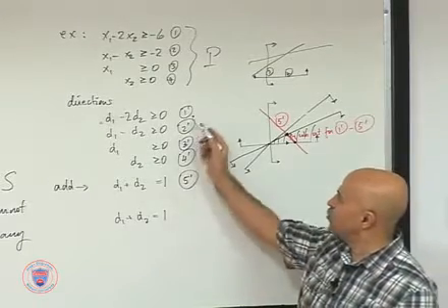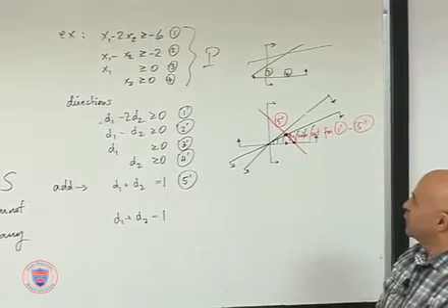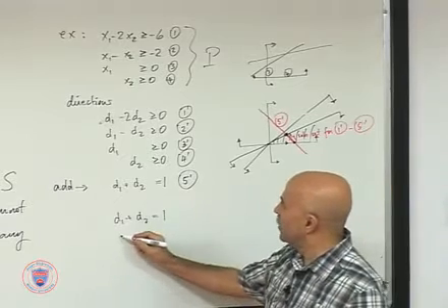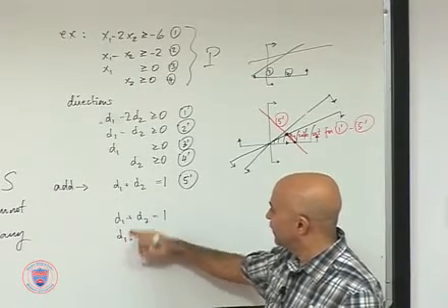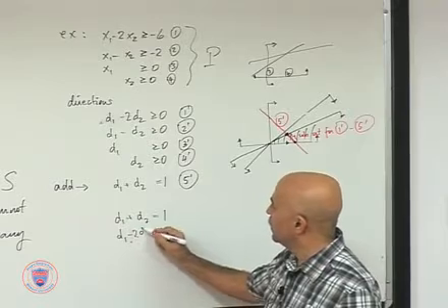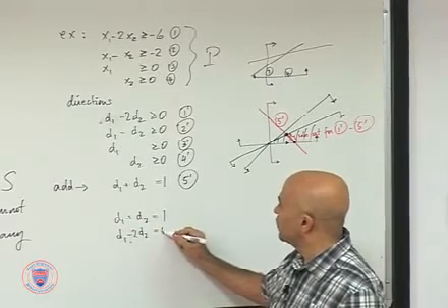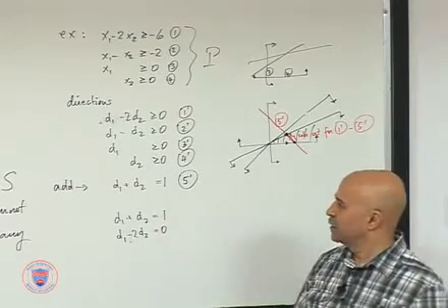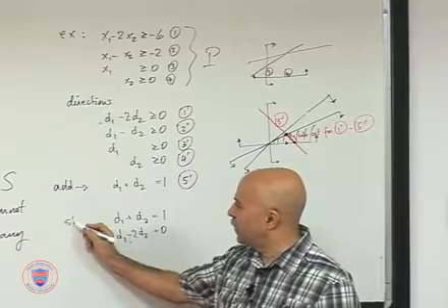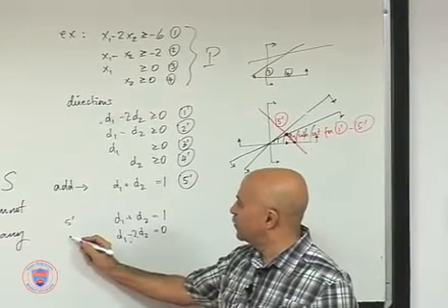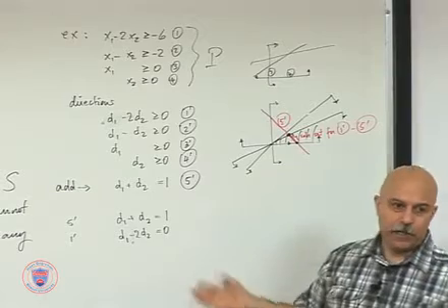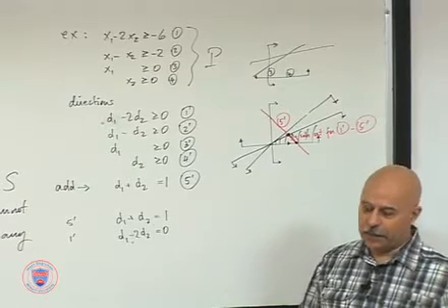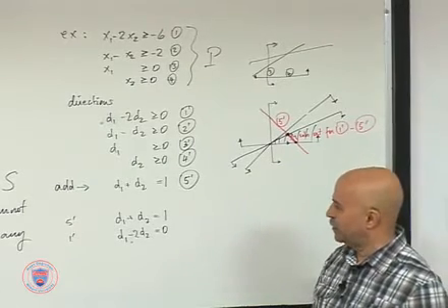For example, if I choose 1 prime, do I get a solution? Let's just try and see. d1 minus 2d2 equals 0. So I'm imposing 5 prime and number 1 prime. This may or may not give a basic solution, an extreme point.